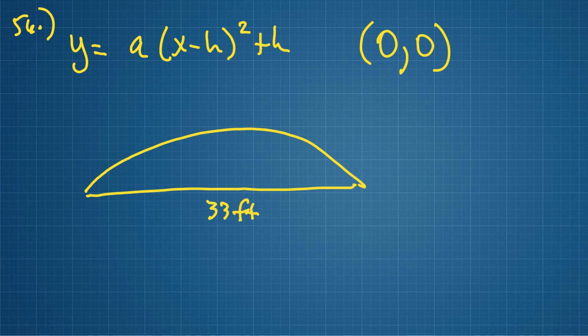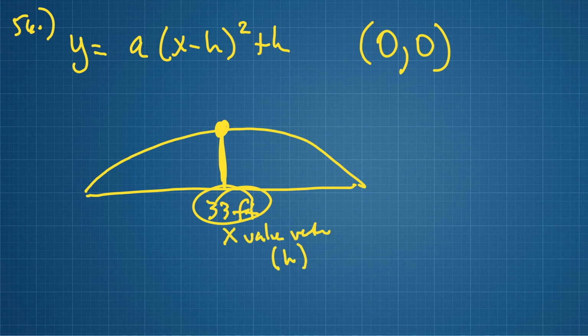So if I cut that in half, that would give me my vertex. Actually, hold on. It says the maximum height is reached after 33 feet. So this is 33 feet, and the whole thing is 66 feet. So I know that's the x value of my vertex, in other words, h.